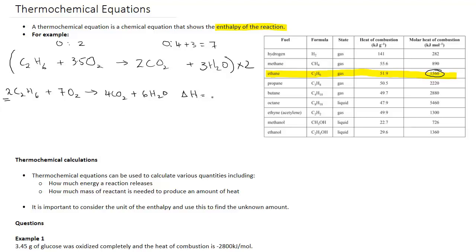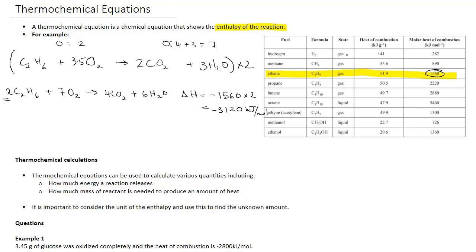So the enthalpy is going to be minus 1560 times by 2. So that's going to give us minus 3120 kilojoules per mole, because we have double the amount of ethane.